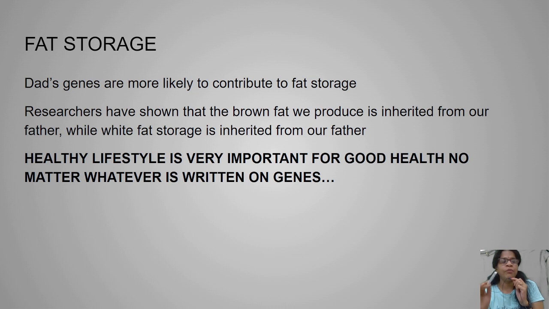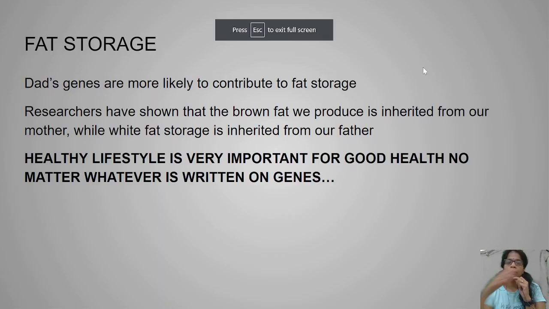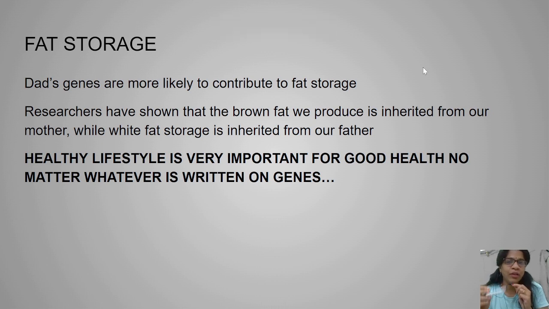Okay, so now the fat storage is also decided by the dad's genes. See, dad's genes are more likely to contribute to the fat storage, and the mother's genes are meant for reduction. Researchers have shown that. As I told you, there are two different types of fat storage, right?